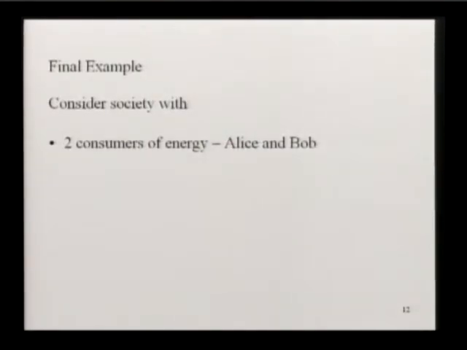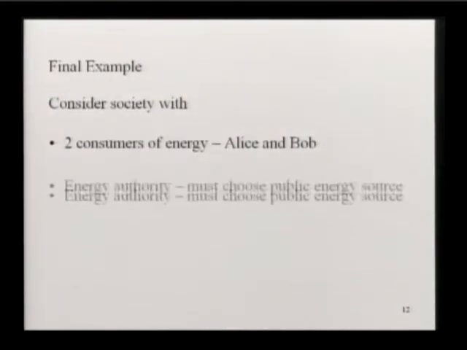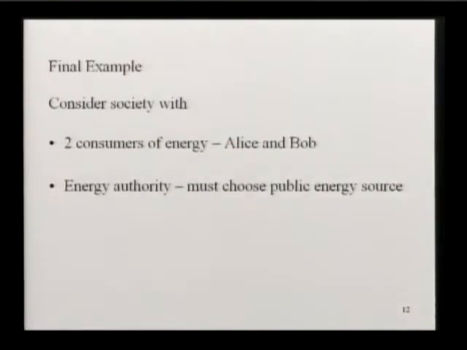And Alice and Bob are consumers of energy. There's also an energy authority which is going to choose a source of energy from which Alice and Bob will get all of their energy needs. They will satisfy all their energy needs from this public energy source.